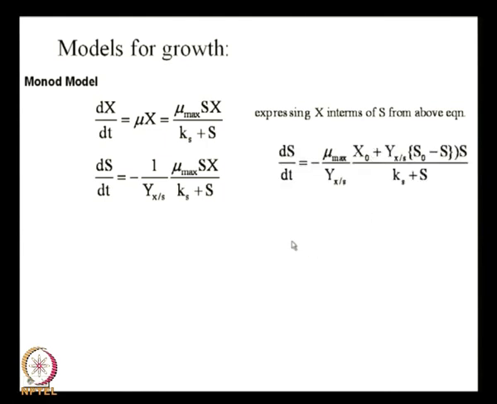So when we try to do that, what do you see over here? If I ask you to manipulate this system, how would you do that? Tell me quickly. If these two equations are there, if I ask you to manipulate them so that you get x in terms of S, what would be the first step?